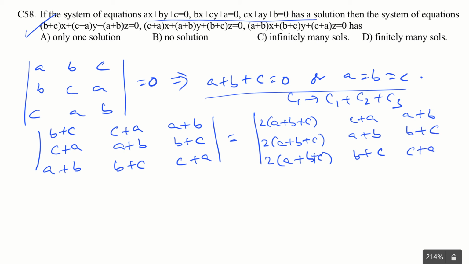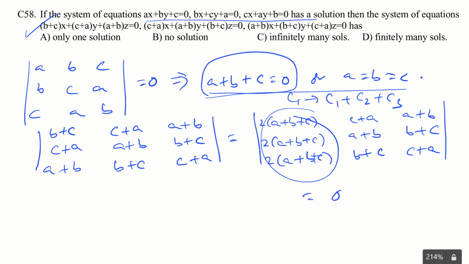So you can see that this is 0 from this. That means this determinant will be 0.